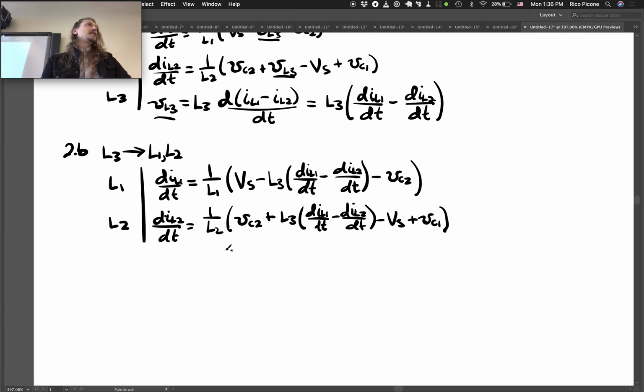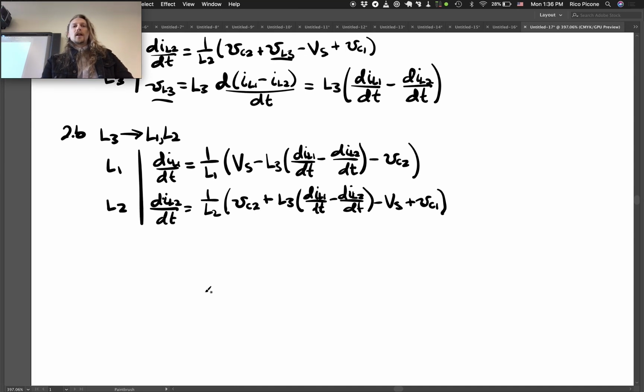It's a little bit messy, but it's doable. Okay? So let's rewrite this. I'll just keep writing them as L1, L2. So let's bring the dIL/dt over. And let's do it in one step because we're really good at this.